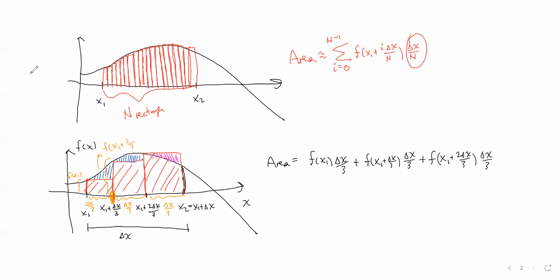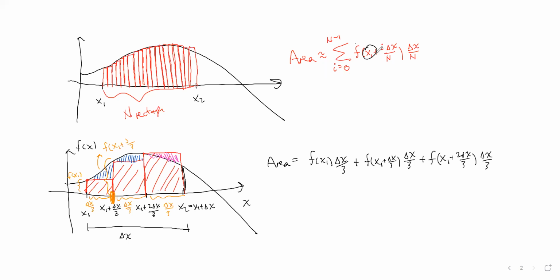What's this next piece all about? Well, the height of each rectangle is the function. First, I evaluate the function at x1. I start with i equals 0, so that this term gets wiped out, and I'm just evaluating the function at x1.